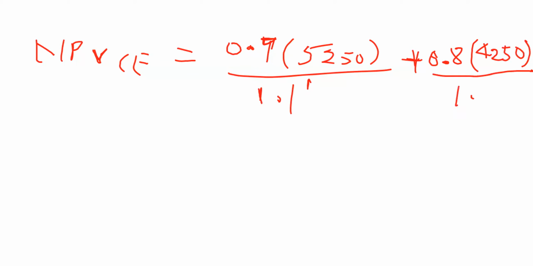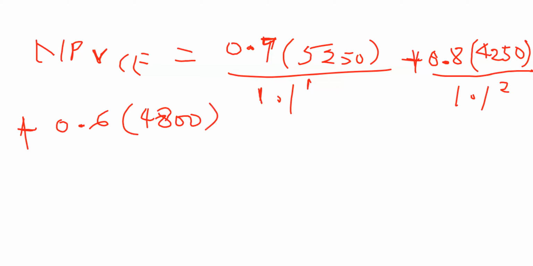Over 1.1 raised to power 2, plus the other one called what? 0.6. Year 3. What's the cash flow for year 3? 4,800.